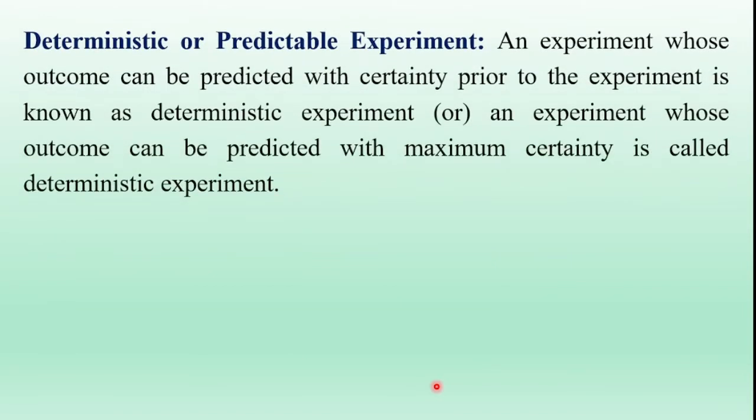An experiment whose outcome can be predicted with certainty prior to the experiment is known as a deterministic experiment. Or one more definition of the deterministic or predictable experiment: an experiment whose outcome can be predicted with maximum certainty is called a deterministic experiment.